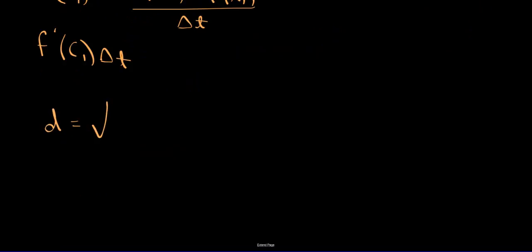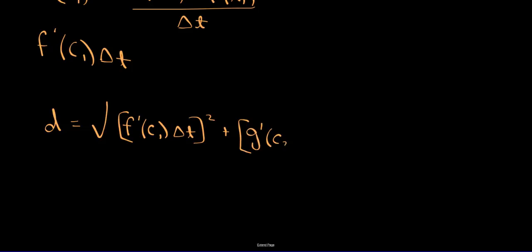I'm going to write this as f prime c1 delta t, we'll square that, plus g prime c2, not necessarily the same constant, and then h prime c3 delta t.